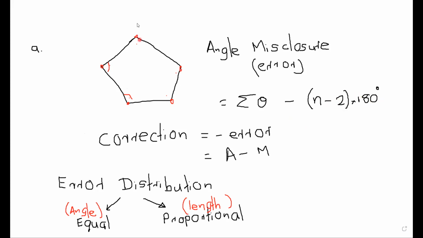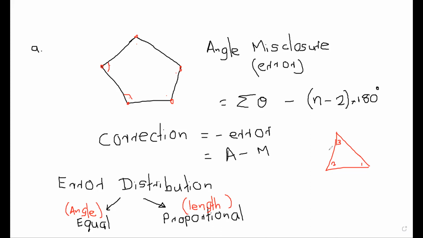That means if you measure angles of a triangle, 1, 2, 3, the summation should be 180. That is the actual summation. But when you add your measurements, it will not be exactly 180, but it should be close. It can be 179 something or 181, very close to 180.